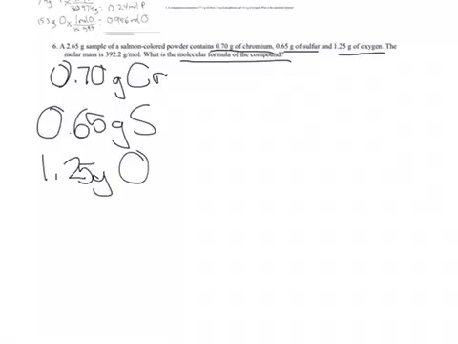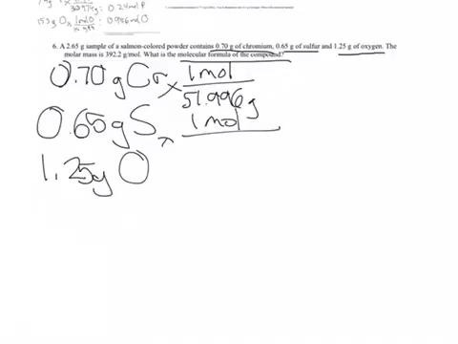Alright, so these are the 3 elements in our compound. So now, because we can't keep it in grams, we have to change it to moles. We divide by the molar mass for each of them. And again, you find molar mass on the periodic table.